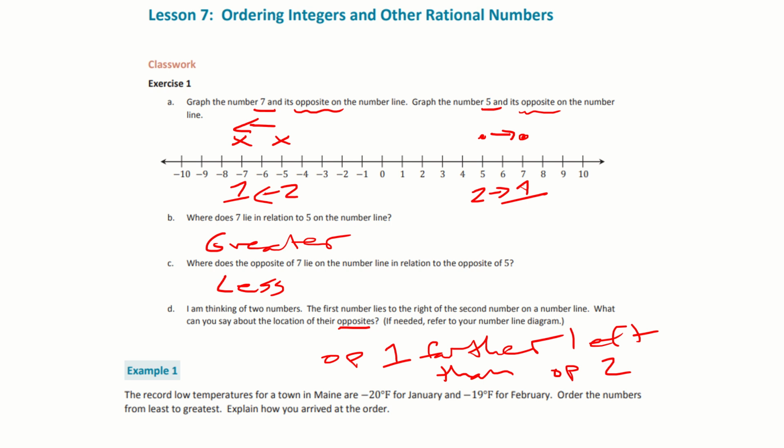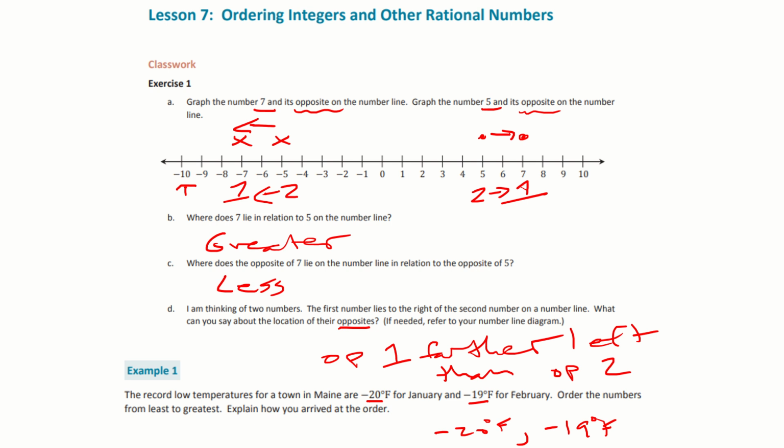The record low temperatures for a town in Maine are negative 20 degrees Fahrenheit for January and negative 19 degrees Fahrenheit for February. Order the numbers from least to greatest, so smallest to greatest. Explain how you have to have that order. It would be negative 20 degrees Fahrenheit. And then next would be negative 19 degrees Fahrenheit. And that's because when we have a negative, the bigger the number that's a negative, the smaller it is, because the farther away it is from 0, or the more you would have to add just to get back to 0.